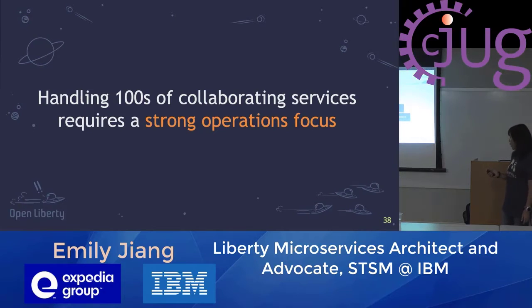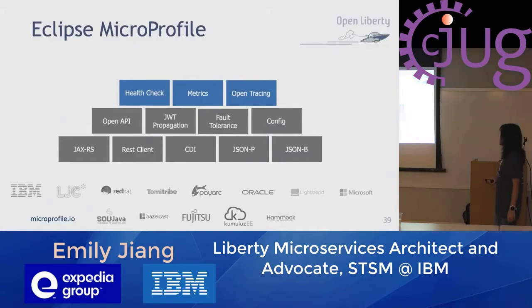So you need to see whether this microservice is ready to receive traffic, or whether this microservice is dead or not, etc. So we have health check, metrics and open tracing to give you all this kind of information. This information is very, very important for DevOps, so they can monitor these microservices.